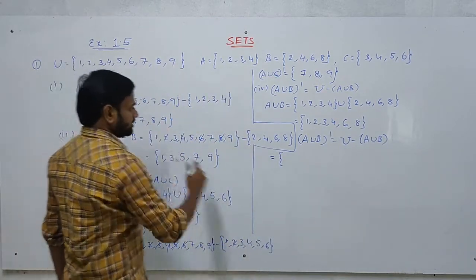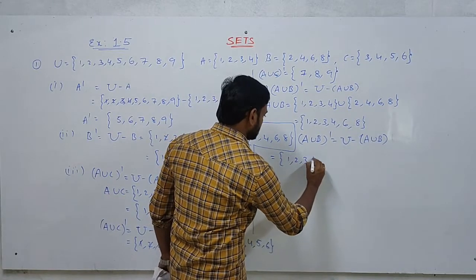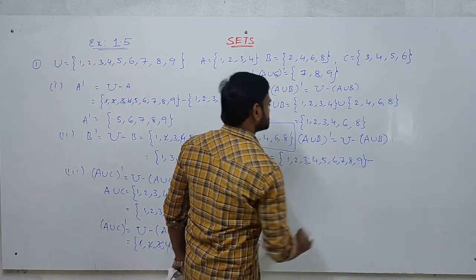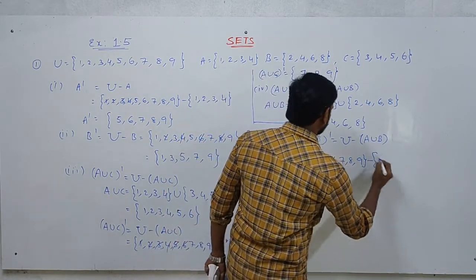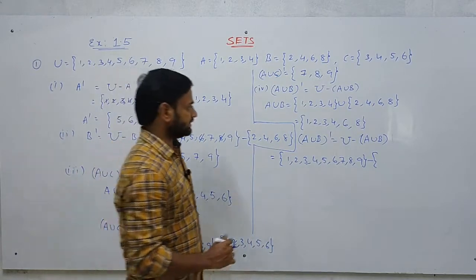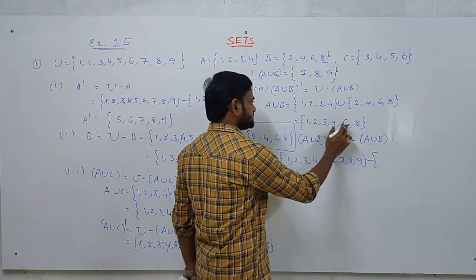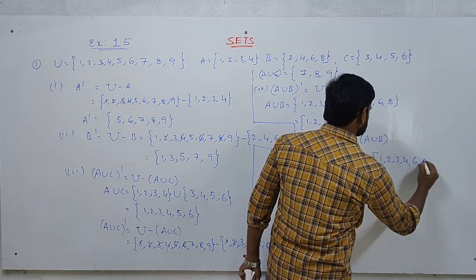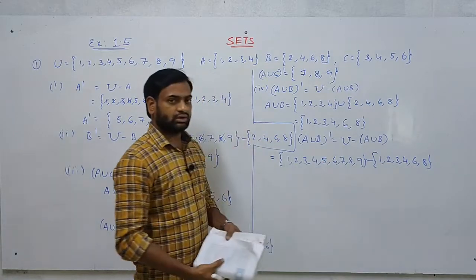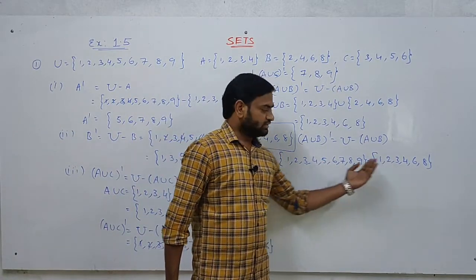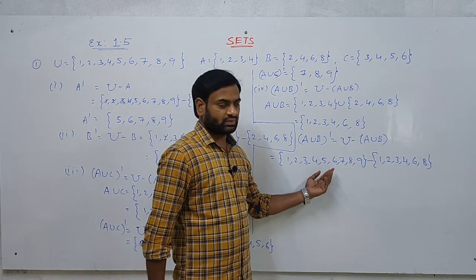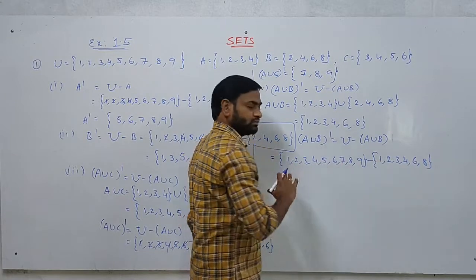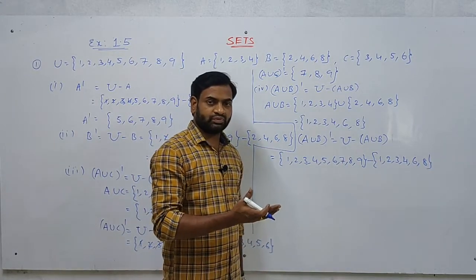U is this one: 1, 2, 3, 4, 5, 6, 7, 8, 9, minus what you got, A union B. I am writing here: 1, 2, 3, 4, 6, 8. So eliminate these elements from this set. Here 1 is there, we can cancel 1, because both are same. Which elements are same, that one we have to eliminate here.